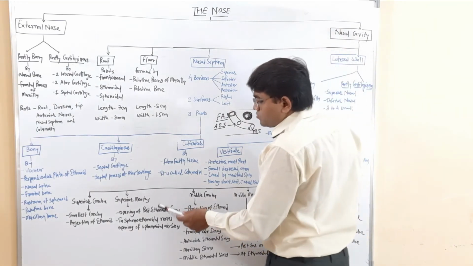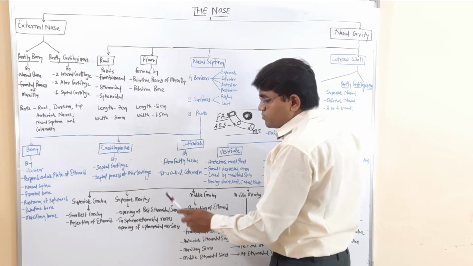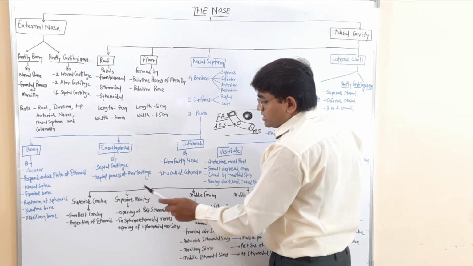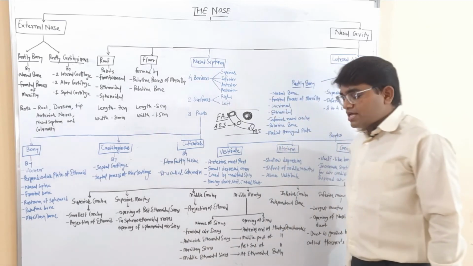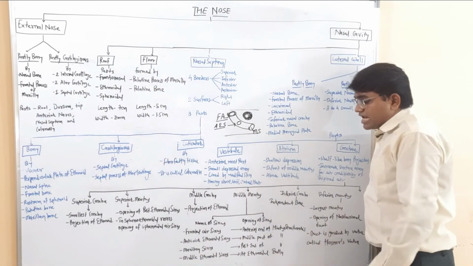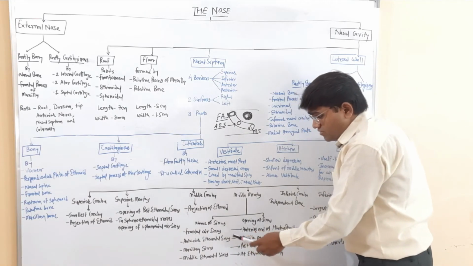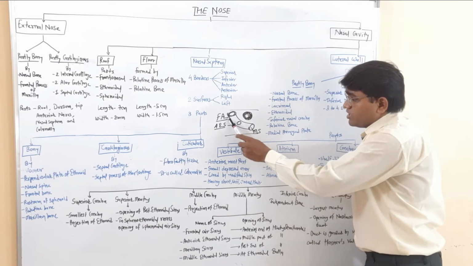In the superior meatus, there is the opening of the posterior ethmoidal sinus. On the posterior superior side of this superior meatus, there is a shallow depression, the sphenoethmoidal recess, and there is the opening of the sphenoidal air sinus. In the middle meatus, 4 sinuses open. The frontal air sinus opens into the anterior end of the hiatus semilunaris.